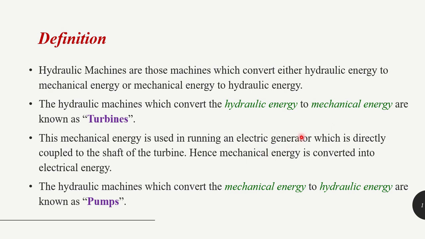The generator takes the mechanical energy coming out of the turbine as input and converts it to electrical energy with the help of a shaft. This is how the energy conversion takes place.